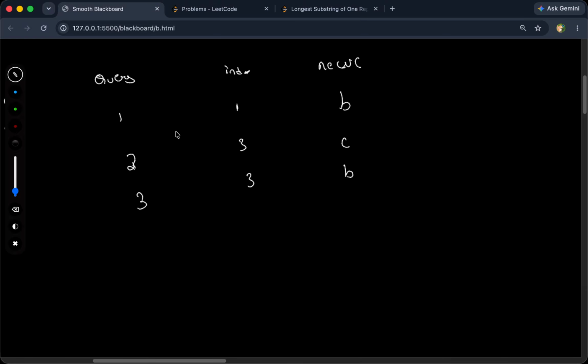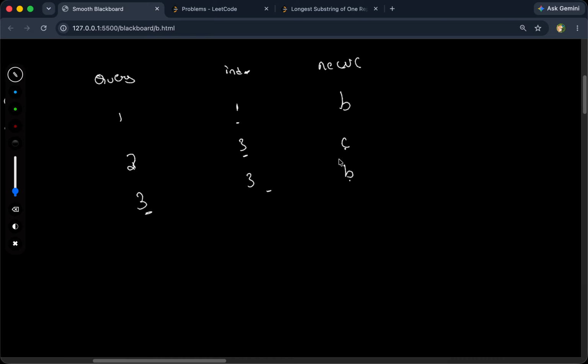The first index goes with the first character, the second index with the second character, and the third index with the third character. So query 1 is index 1 b, query 2 is index 3 c, and query 3 is index 3 b.